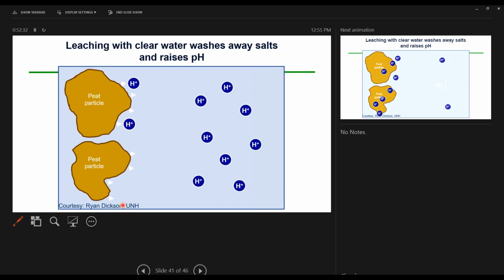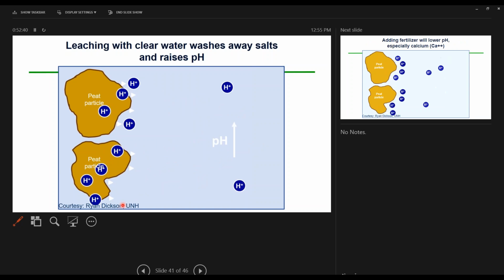If you're watering with a lot of water, right, we're leaching to get rid of those salts, they get washed out. And then that acidity that was originally free in the solution now gets attached to the particle. And what's left here is that we have a low concentration of hydrogen ions, but the pH around here goes up.